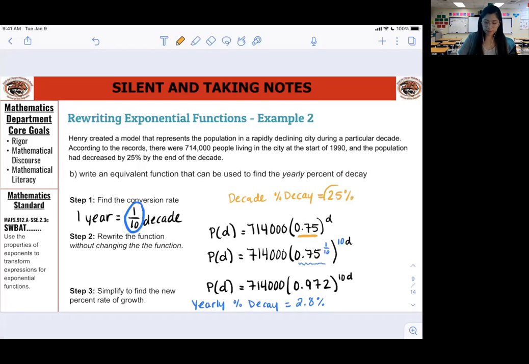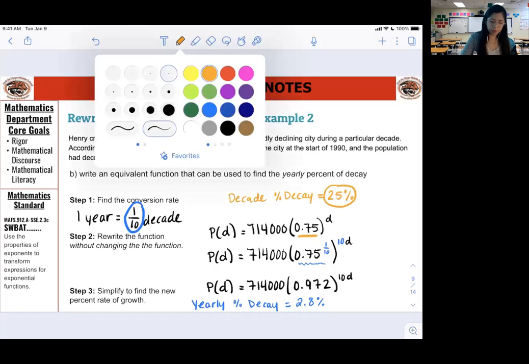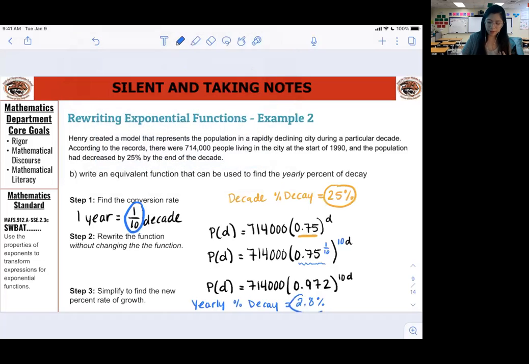So that's kind of similar to what we noticed before, that when you increase the amount of time, the percentage gets much bigger. When you look at a smaller amount of time, the percentage is much smaller. So each decade, you lose 25% of the population, but each year, you only lose 2.8% of the population.